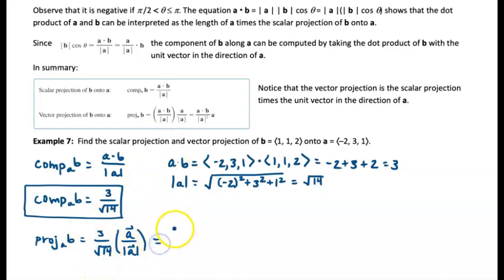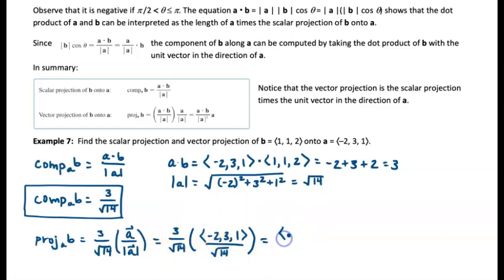And so we are taking 3 over root 14 and multiplying that by this vector A of -2, 3, 1, divided by the magnitude of A, which is again root 14. And this is going to be equal to, now when we multiply a scalar and a vector, we're really just using that distributive property.